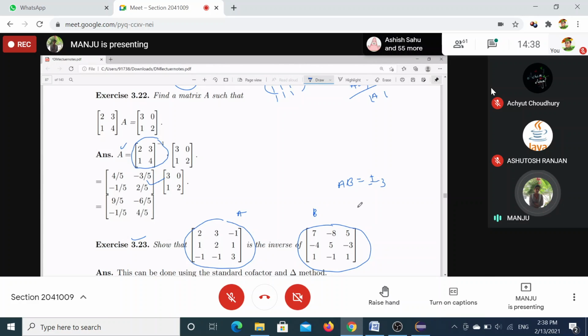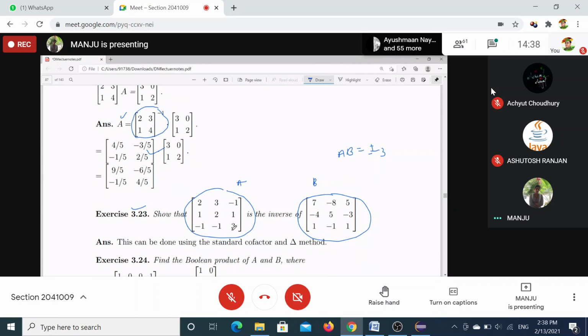Yes, you will get it. This means this is the inverse of this one and this is the inverse of this one. Another way is to take this matrix and find its inverse by using adjoint and determinant. That is the standard cofactor and determinant method.